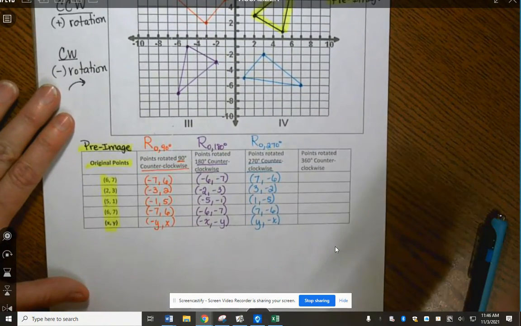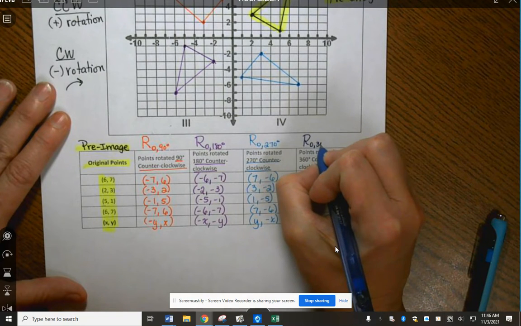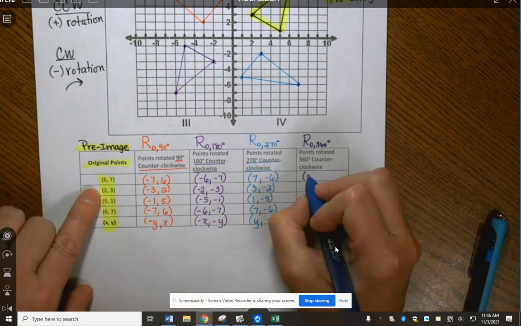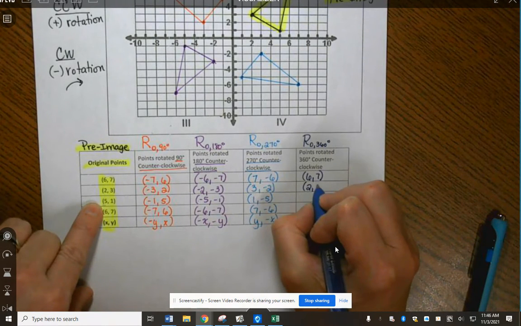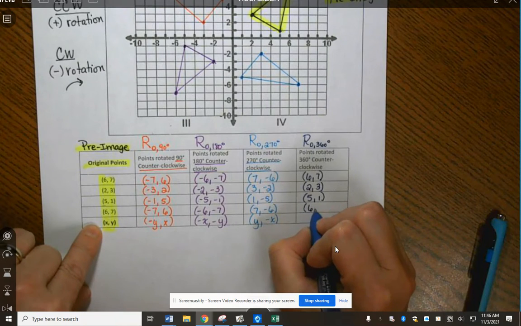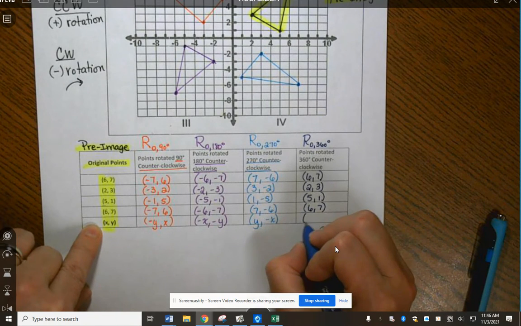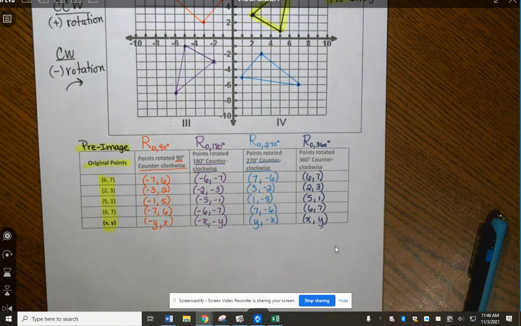So those pre-image values are going to be the same as these image values. 6, 7 is going to be right back at 6, 7. 2, 3 is right back at 2, 3. 5, 1 at 5, 1. So the new x, y are the same as the original x, y.